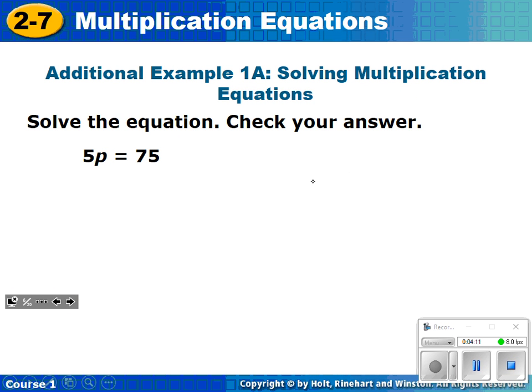Solve the equation. First, step number 1. What's step number 1 of algebra? What's rule number 1 of algebra? Find out what's happening to the letter. So, what's happening to the letter in this situation? It's being multiplied by 5. What's step number 2 of algebra? Dylan.